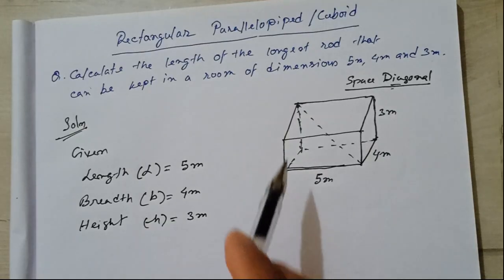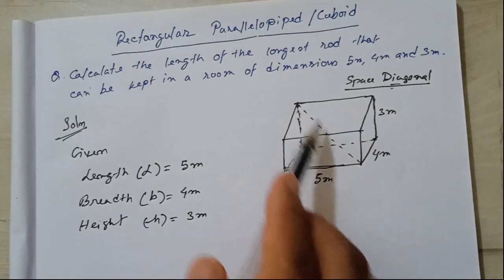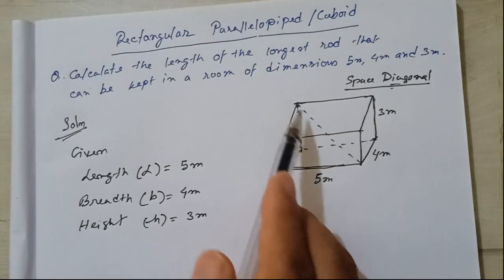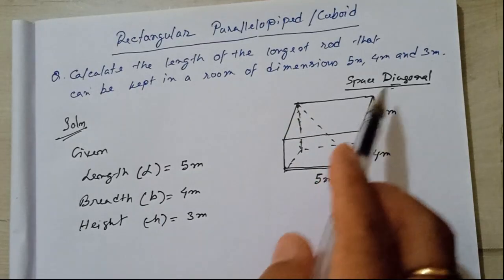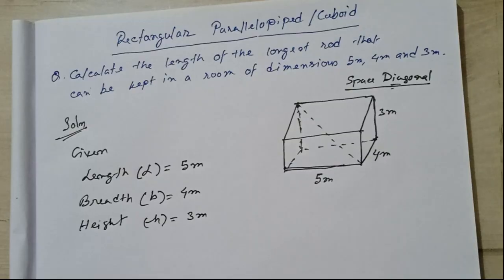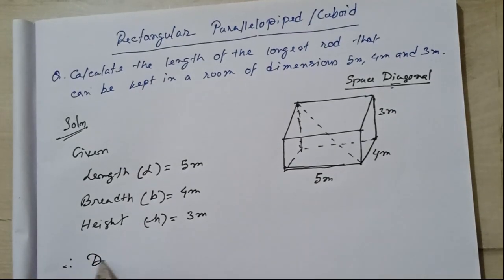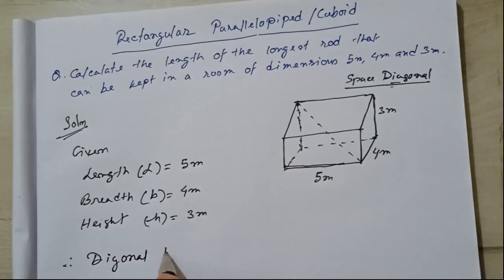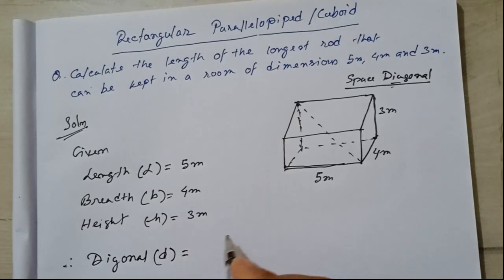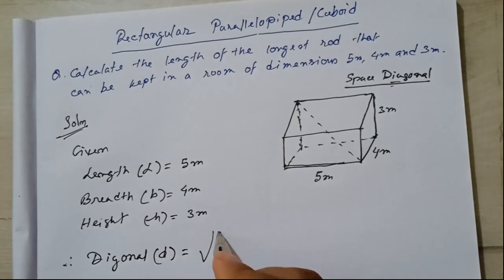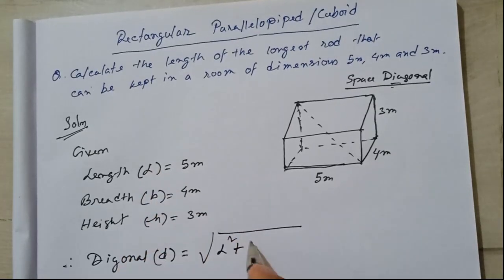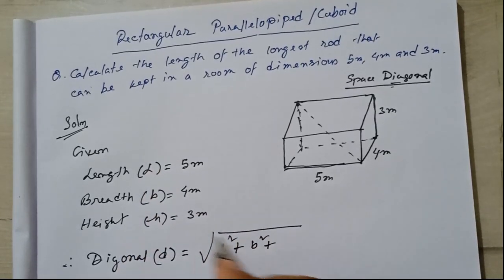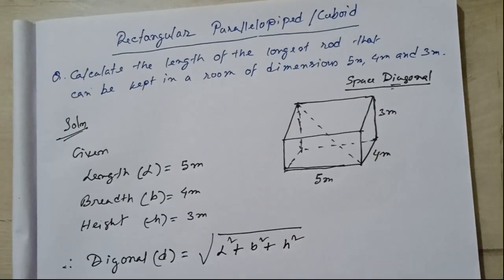So the formula for the diagonal from one vertex to the other, or the space diagonal, suppose diagonal is represented by D. It is the square root of length square plus breadth square plus height square.